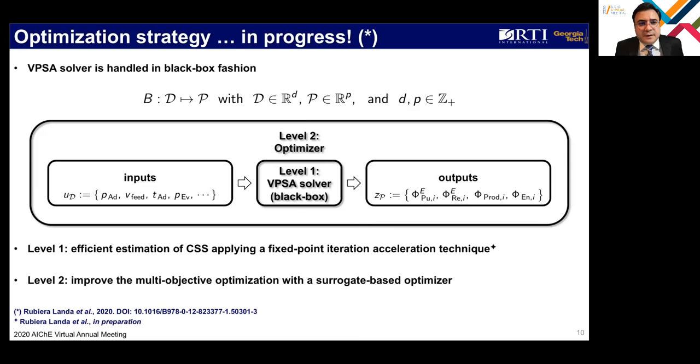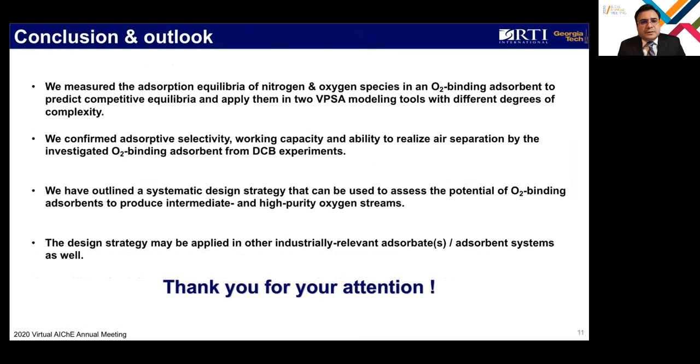And with that said, I'll just jump back to the conclusions. So we have measured adsorption equilibria of the species present in air using an oxygen binding adsorbent. And then I presented how we use this information with two very simple mathematical tools of different degrees of complexity.